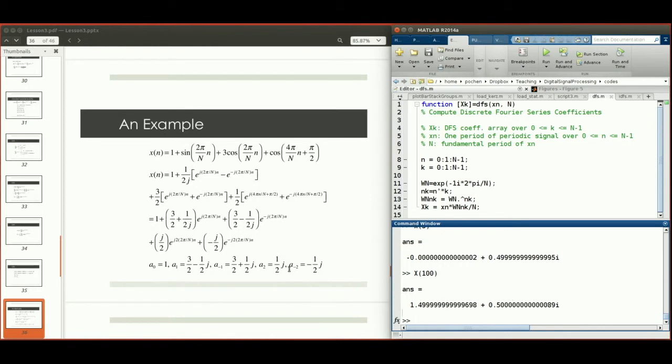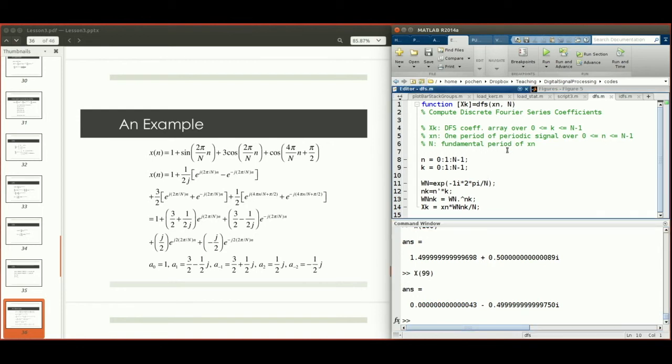And then let's look at a minus 2. a minus 2, that's 98. In our case, it's X99. It's almost 0, and minus 0.5j, right? So it shows that our code is actually correct. It's returning the correct sequence, right?